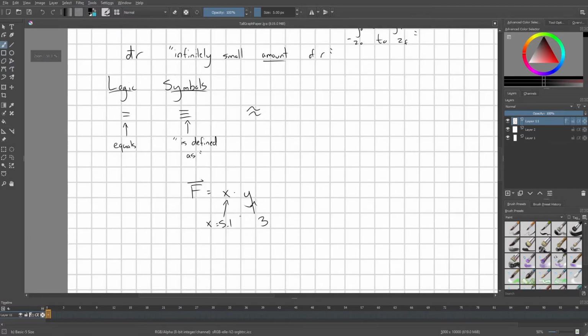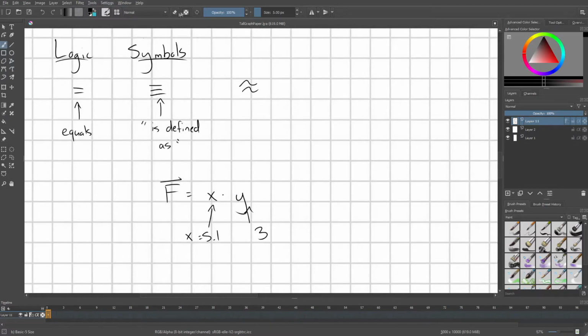As soon as you start plugging numbers into things, chances are you're going to approximate a numerical value to something. And that's what these squiggly lines mean. This is approximately equal to.